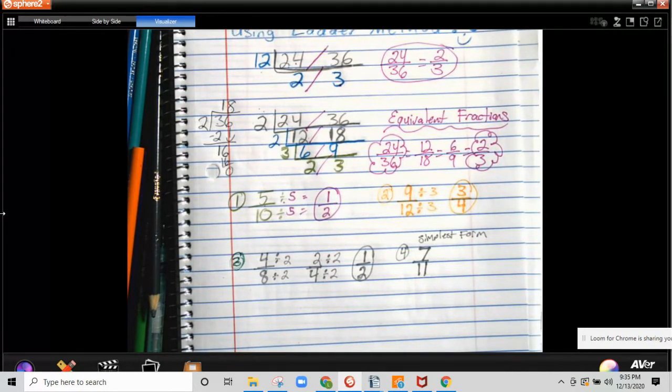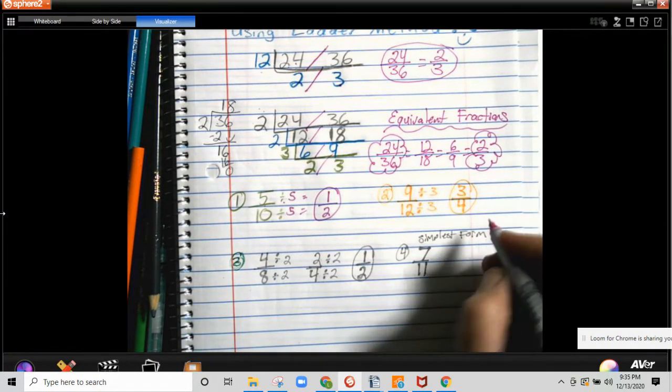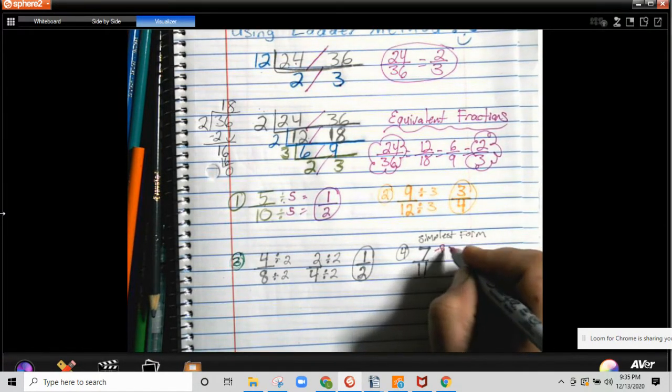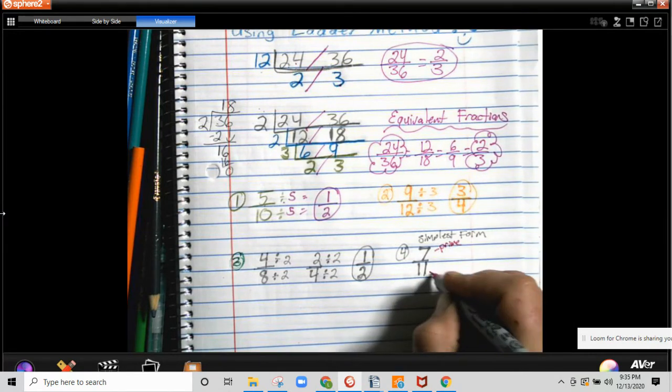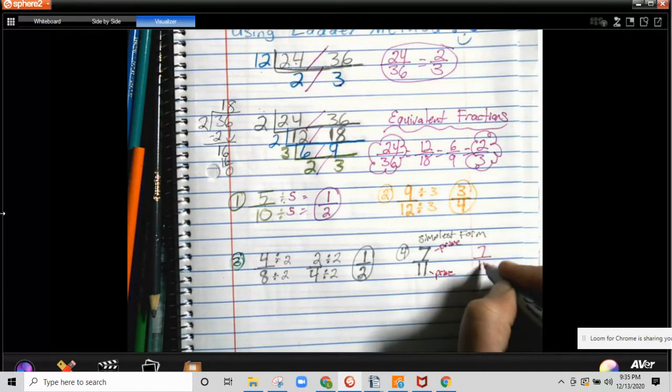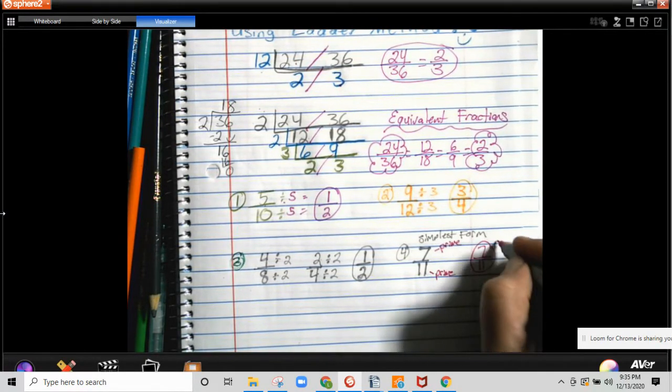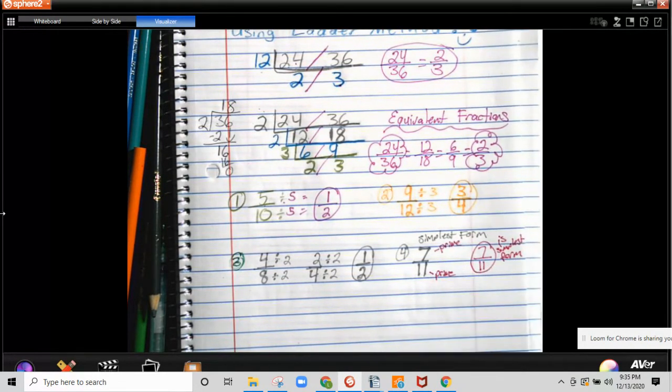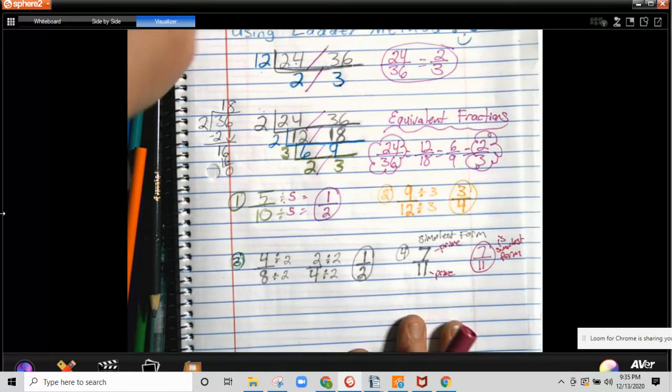And if the answer is none, no numbers go into both 7 and 11. This one is prime. This one is prime. So 7/11 is simplest form. Okay? All right, let's do another one.